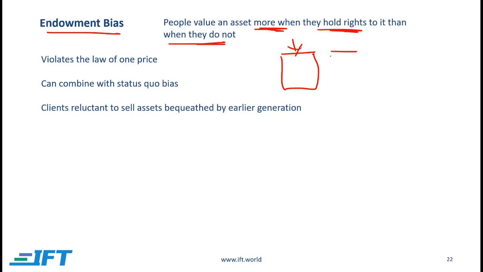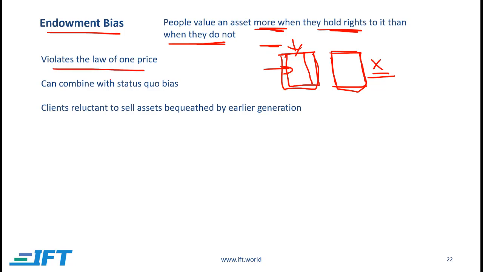And for some reason, I want to buy a very similar house that's next door. Say I want to buy this for a close family member, and this house is for X dollars. But I think that this house is not worth X dollars. X dollars is too high a price. But for some reason, if I were required to sell my house, I would ask for a price more than X. Now, clearly, this is irrational.